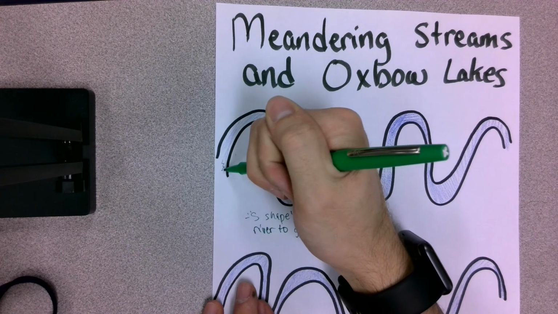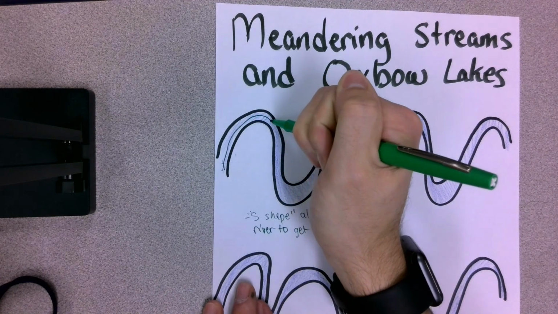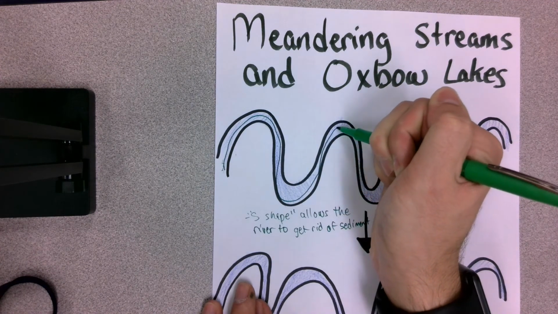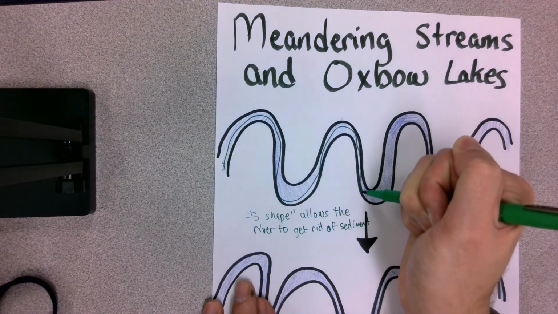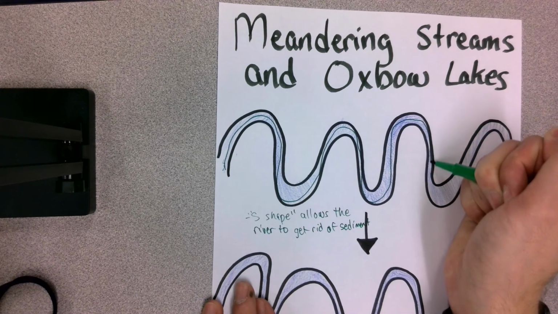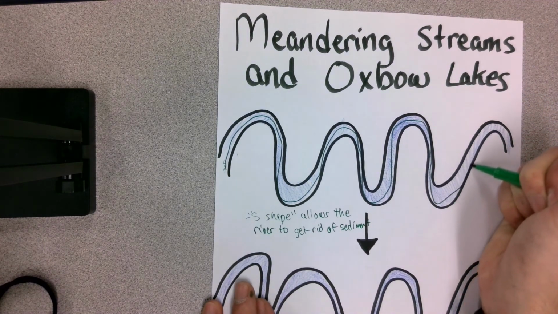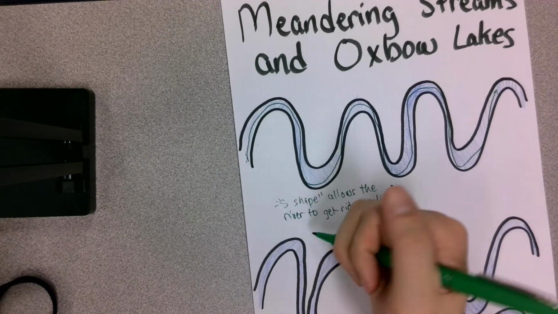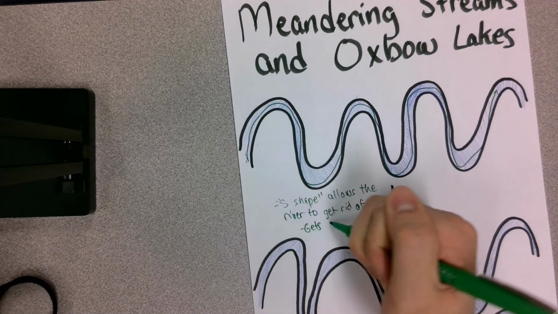If you've ever noticed, usually the water flow is the strongest or the quickest out along here, as it goes from here to here. And as it does this, the water is basically eroding the sides of the bank. Okay? So as it erodes the sides of the banks, it gets rid of excess energy.